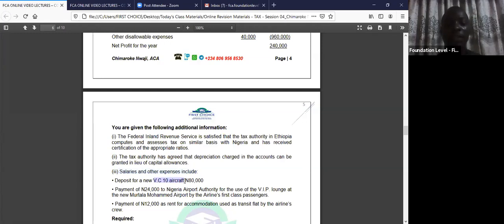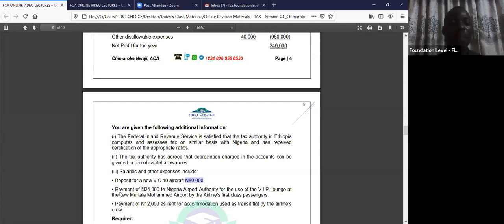So this aircraft is a capital intensive project. It is a kind of qualifying capital expenditure and not an operational expense. So this 80,000, it's not allowed. Okay, so you're going to add it back.